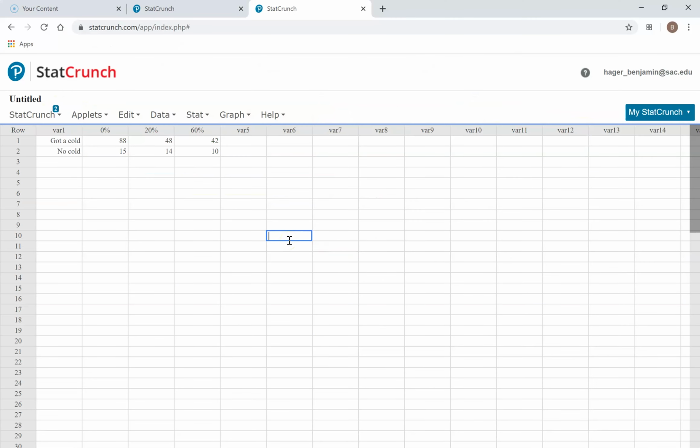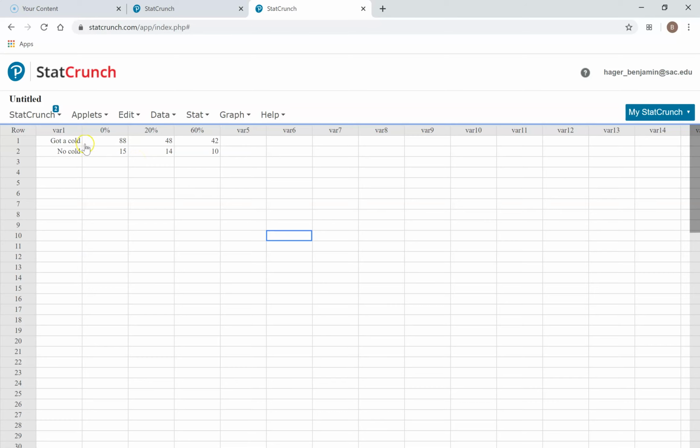So I've already loaded up the data for us. I've got 3 columns here showing my percentage of echinacea, and I've got 2 rows, one for those that got a cold and one for those that did not get a cold. I'm including those 2 categories in a column because you'll see we're going to be assigning that inside the test, and it's going to help with how it displays our results.